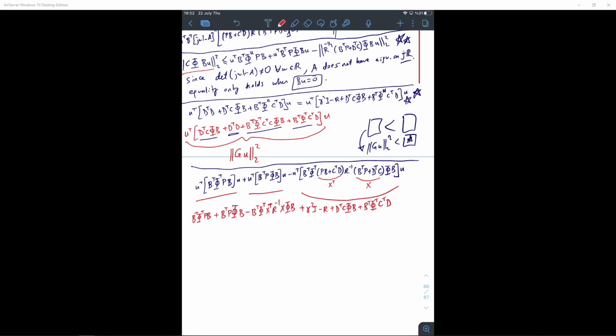Notice B transpose phi transpose something and B transpose phi transpose something.